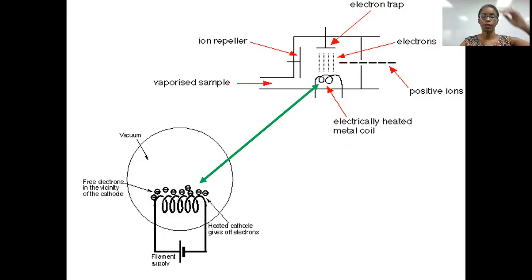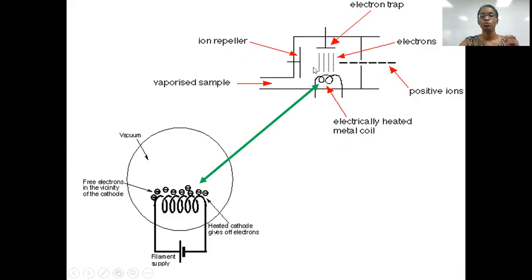So what we have here, you could use the analogy of a highway of very fast moving electrons, because they're coming off of the coil and they're coming very quickly across to the electron trap. So they're moving very quickly. The vaporized sample enters this section here, and as it passes through, it's going to have no choice but to cross the highway, right?